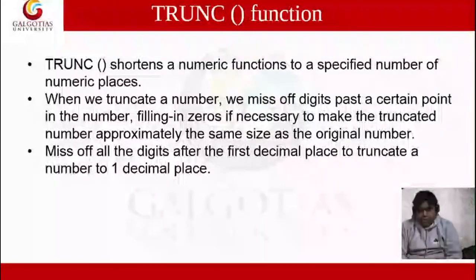Now I am moving to the next function. This is called truncate. Fine. So what is the use of truncate? Truncate shortens the numeric value to a specified number of digits. What does it mean? It is used to cut the decimal point to the current value.